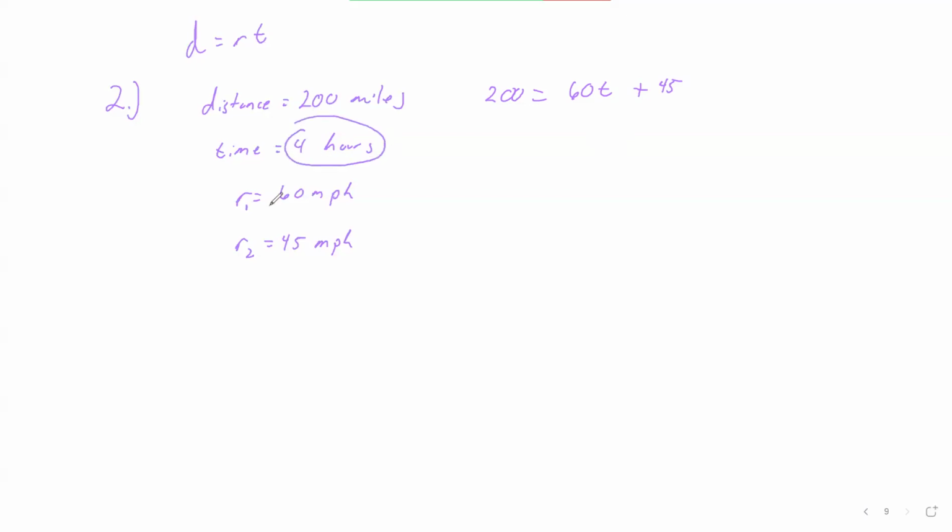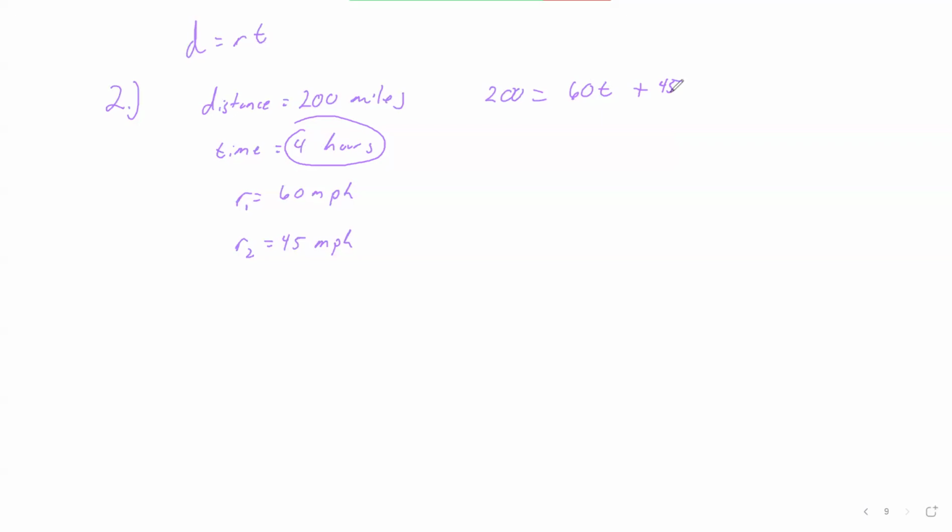Well, that would mean that they traveled the same amount of time. So this would be like 2 hours and 2 hours, but I don't know that. If I did, I wouldn't have to solve this. So if we start the first one with, let's call it T, then the second one would have to be whatever is left of the 4 hours that he didn't travel. So the way you would do that is, let's say hypothetically he did this for an hour and a half. If you knew that, how would you figure out how long he would travel at 45 miles an hour? You would minus an hour and a half from 4, but we don't know.